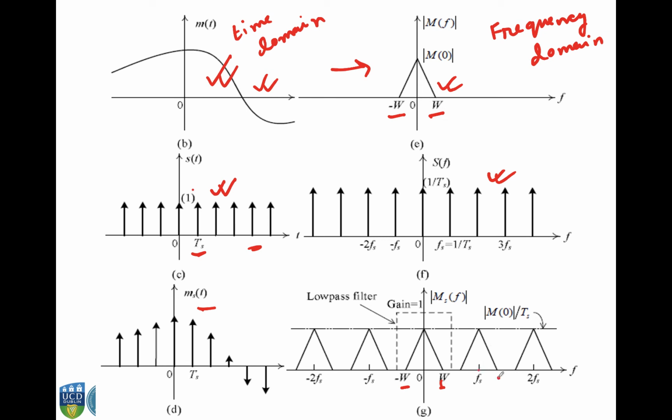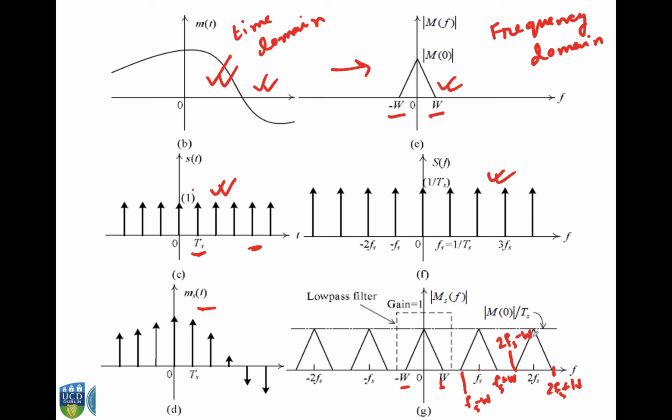This boundary will be fs plus W, and this will be fs minus W, and then it repeats again at 2fs. So this boundary will be 2fs plus W, and this will be 2fs minus W, and so on.